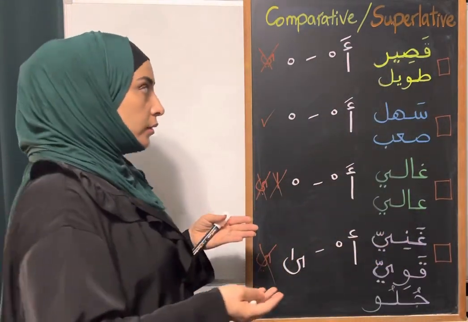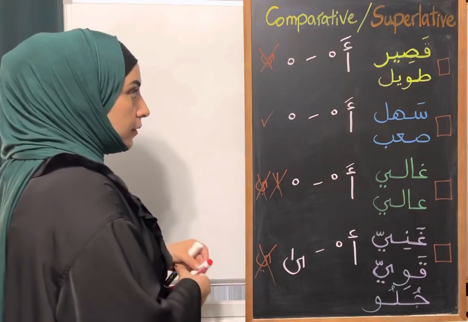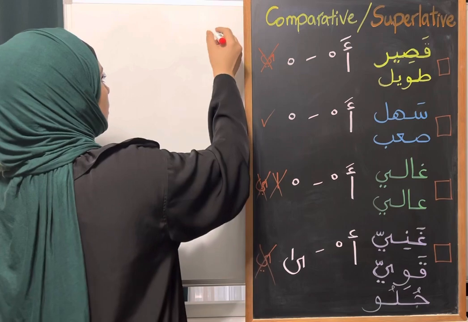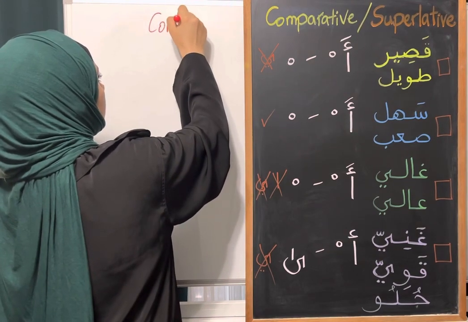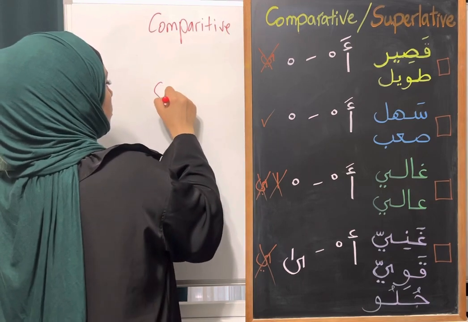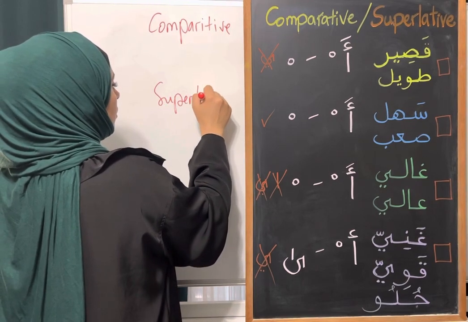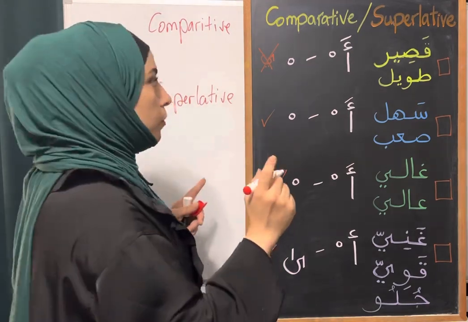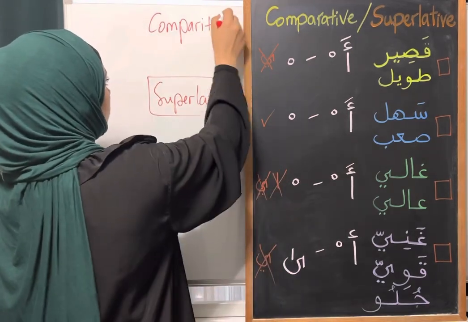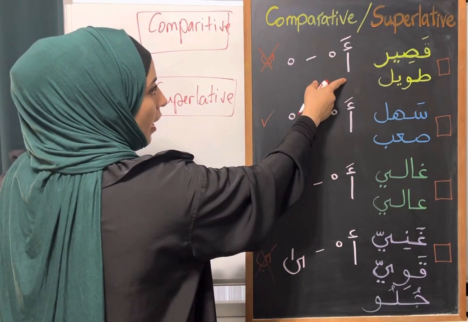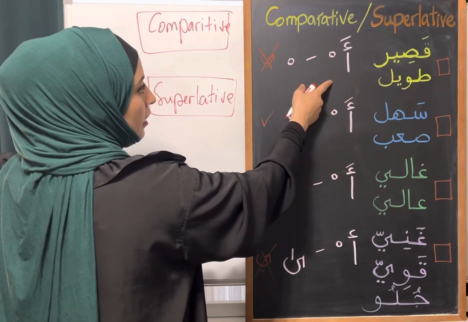When you are comparing, you would only use min, and I have about 4 different categories that we're going to learn. But if we're doing the comparative or we're doing the superlative, we're actually using only one form for both of them. And this form would be أفعال.